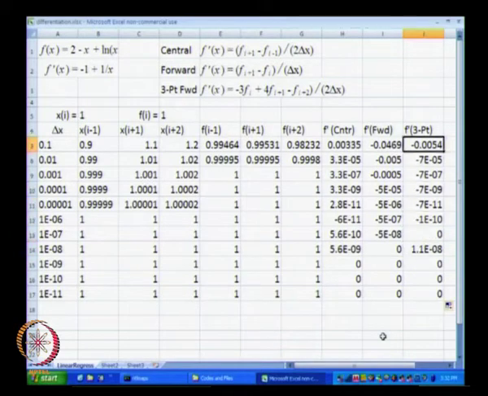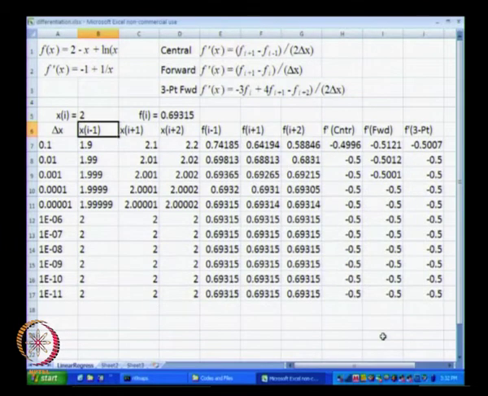Okay, let us try to do this for another value of xi, let us say xi equal to 2. Okay, and for xi equal to 2, this is going to be our f of xi, and our true value of f dash is minus 1 plus 0.5, so that true value is minus 0.5.